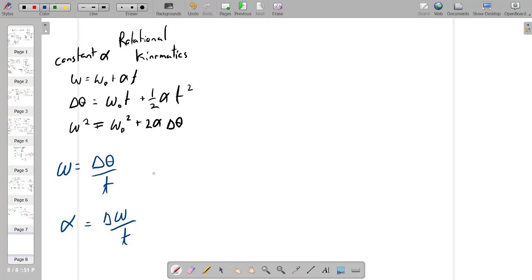And you can note that, let's say you're given a revolution, like 1 revolution. Well, a revolution is 2 pi rads around. So in order to find delta theta, you can just multiply however many revolutions times 2 pi. So if it goes around the circle 4 times, then it's 4 times 2 pi, 8 pi.